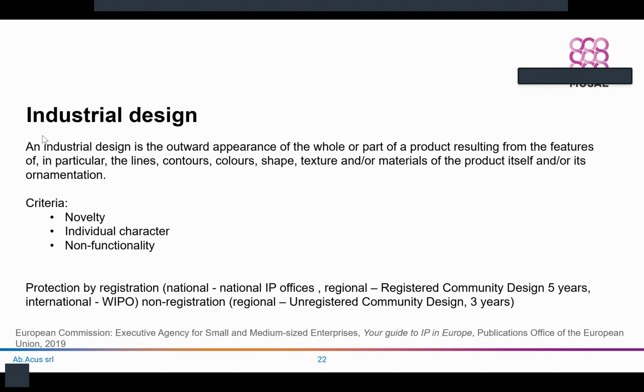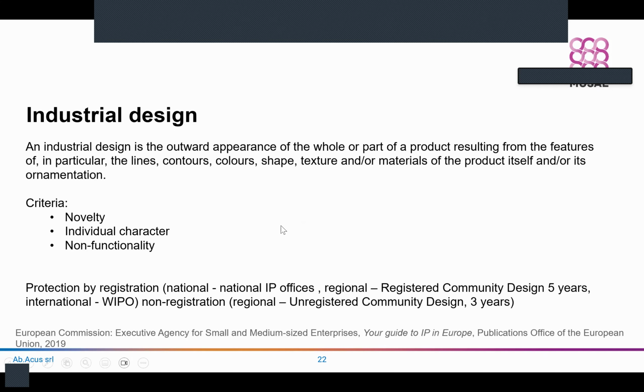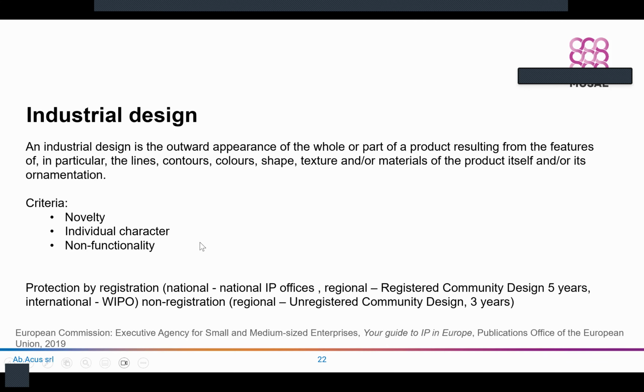To be able to get protection as industrial design, your design needs to be novel, with an individual character, that means to be unique, and not to include any functionality. Functionality is not covered by industrial design protection. Again, protection may be by registration at the national, regional, and international level.